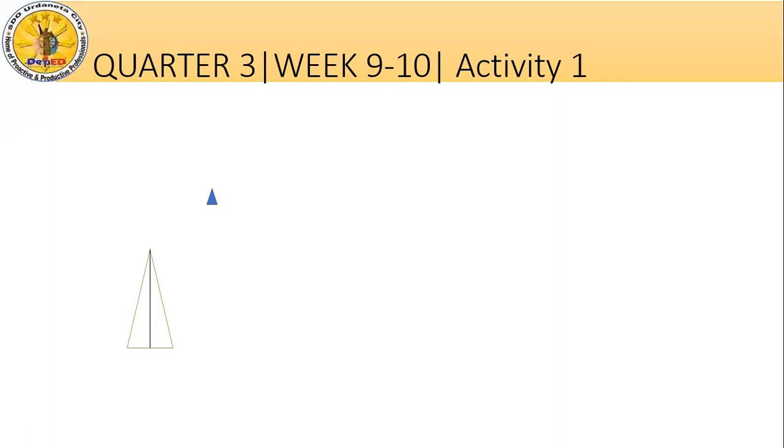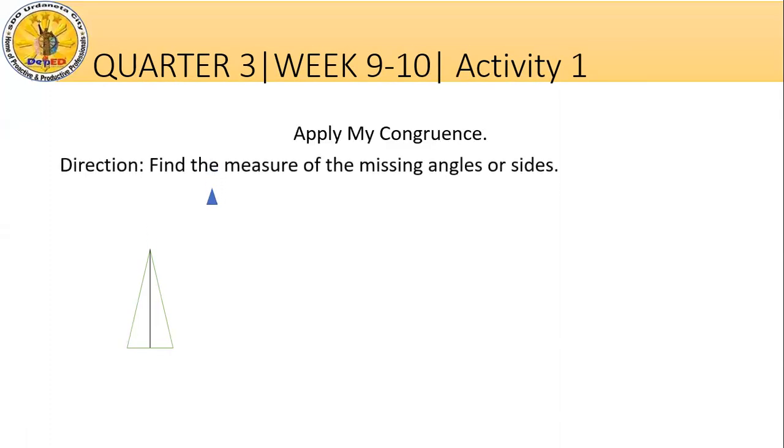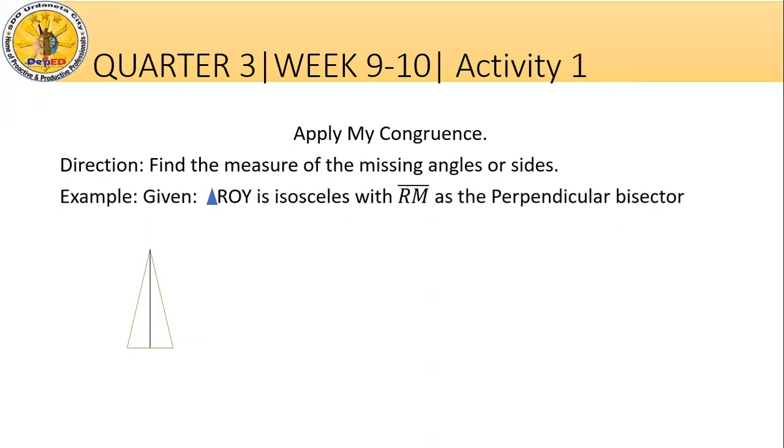Okay, here is activity 1. Apply my congruence. Direction: find the measure of the missing angles or sides. Example. Given triangle ROY is isosceles with line segment RM as the perpendicular bisector.